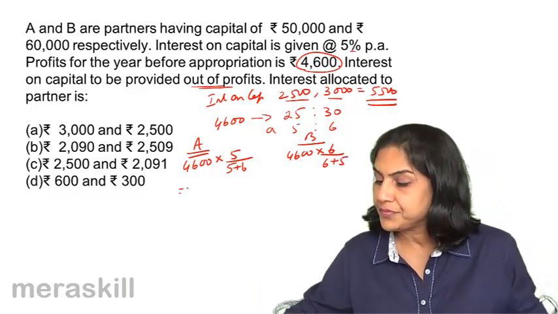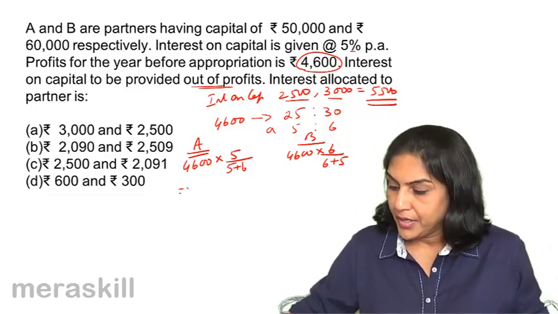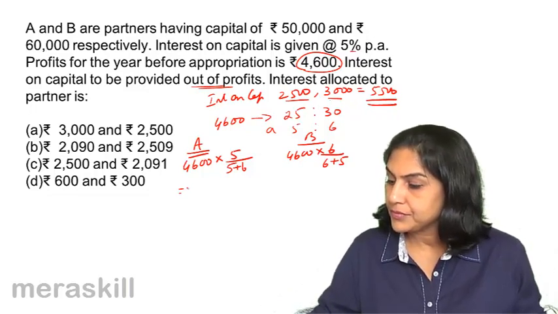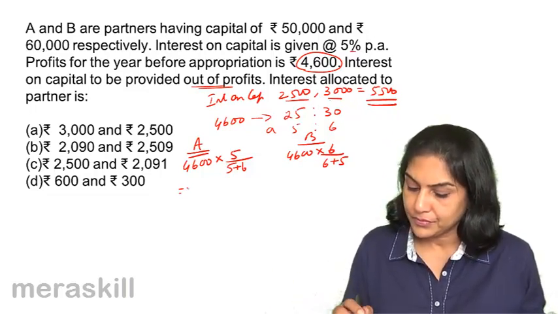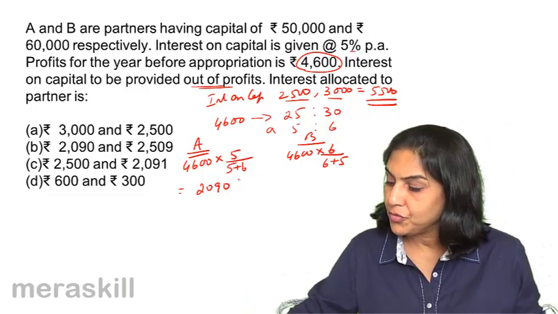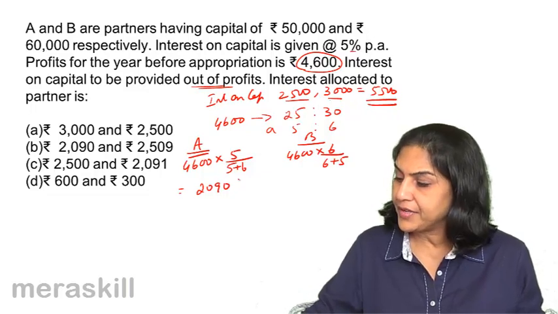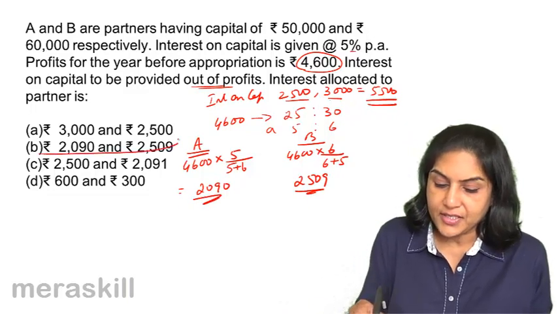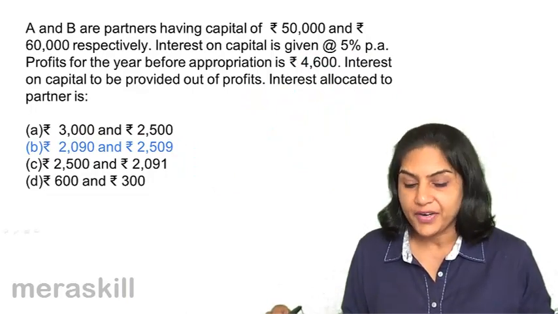That's equal to 4,600 into 5 by 11, which is 2090, and 4,600 into 6 divided by 11, which is equal to 2509. So the correct answer should be option B, 2090 to A and 2509 to B.